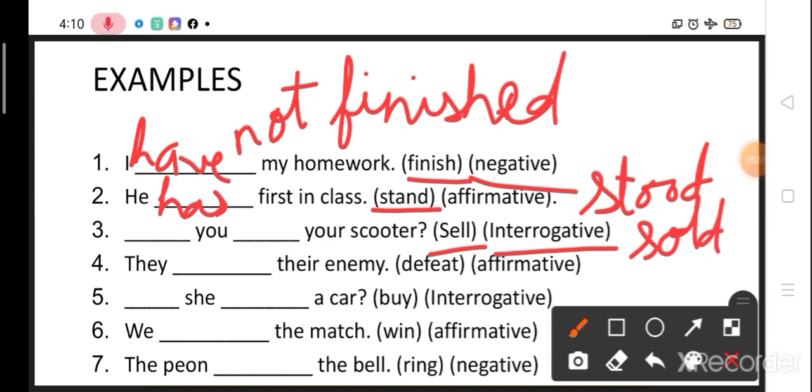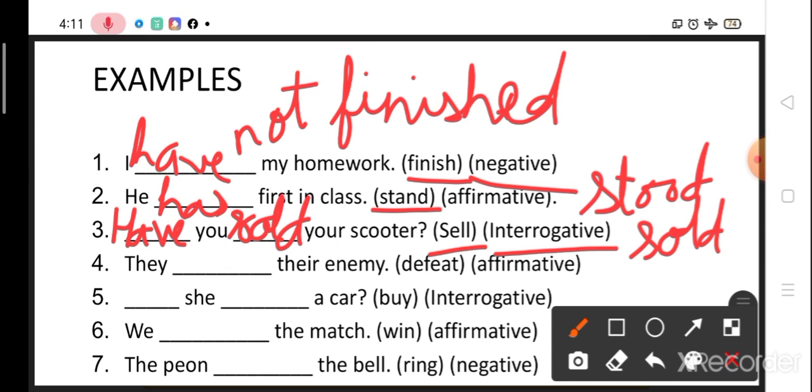Okay, and with you we will use have, because only has will be used with only he and she. So here with you we are going to use have. So it being an interrogative sentence, we will use have you sell, past participle of sell is sold. Have you sold your scooter?